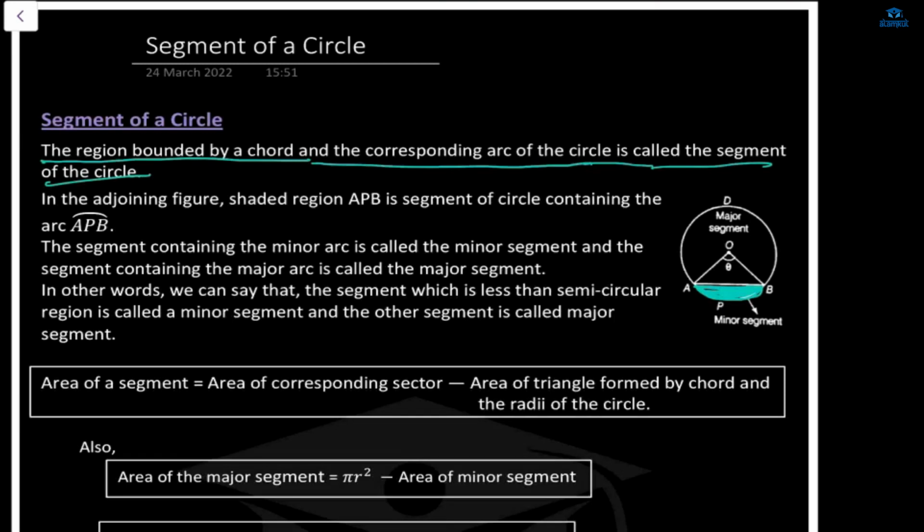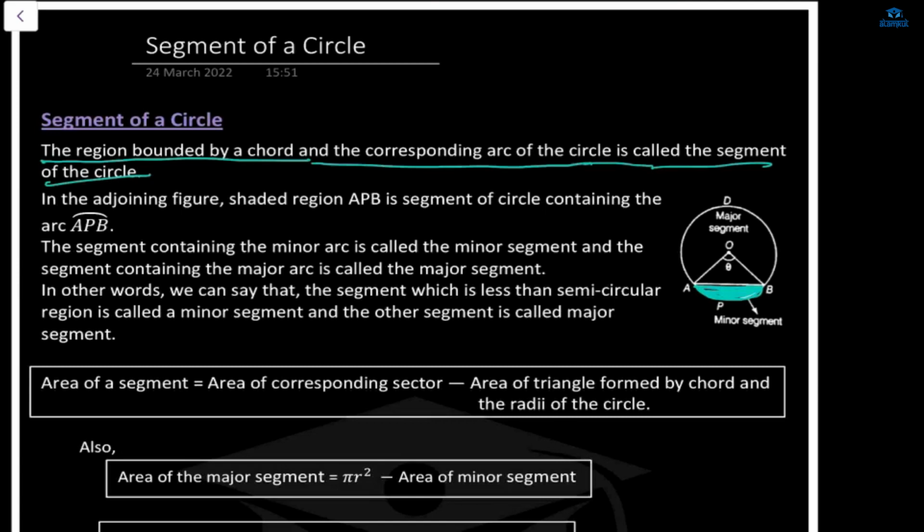If I am talking about the major segment, the whole above portion is the major segment, because it is the region between the chord and the arc. Now here you can see one smaller is the minor segment, because the chord is going to divide the circle into two parts.